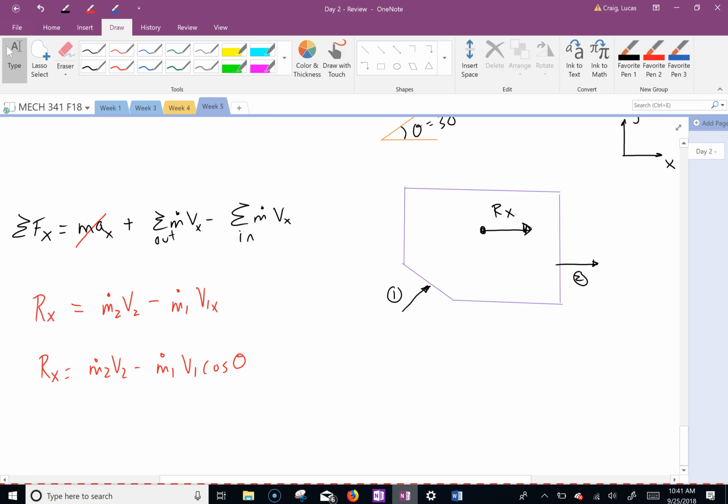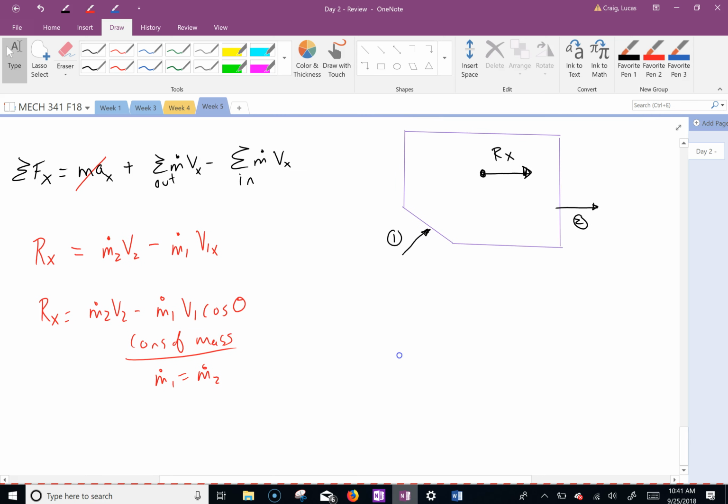Questions so far? Does it make sense? Slightly different than we've done before, but it's the same process, right? You pick your control volume. I just picked a box, solid box. You know this is coming in at 30 degrees, shoots out straight. And down here, based on conservation of mass, m dot 1 equals what? M dot 2.